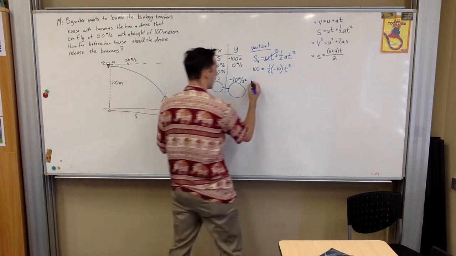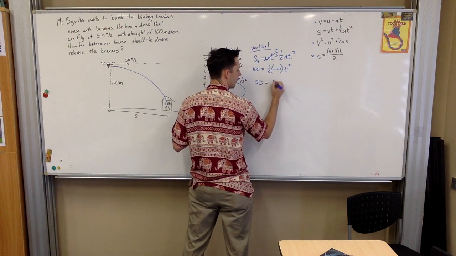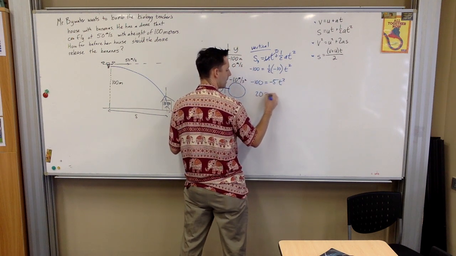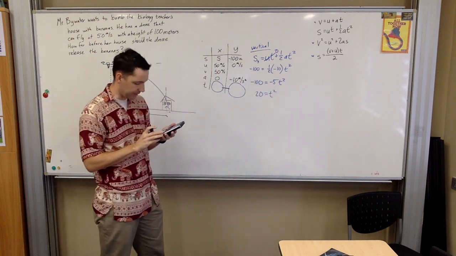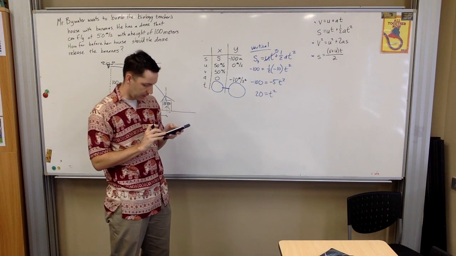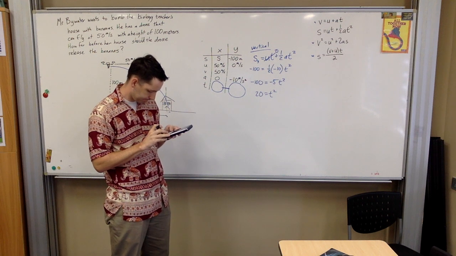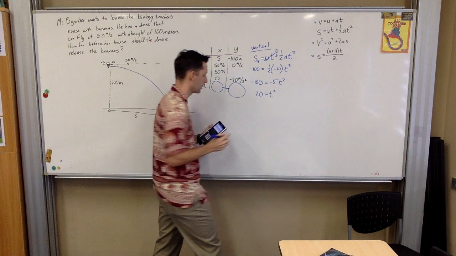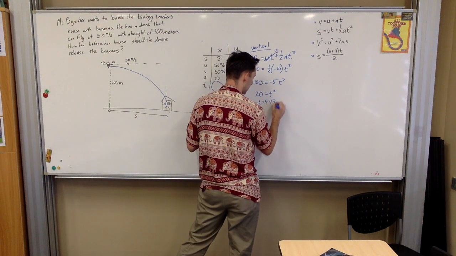We have negative 100 equals -5 times t squared, divided by the -5, and I get 20 equals t squared. We get the square root of 20, and I got 4.47. So t equals 4.47 seconds.